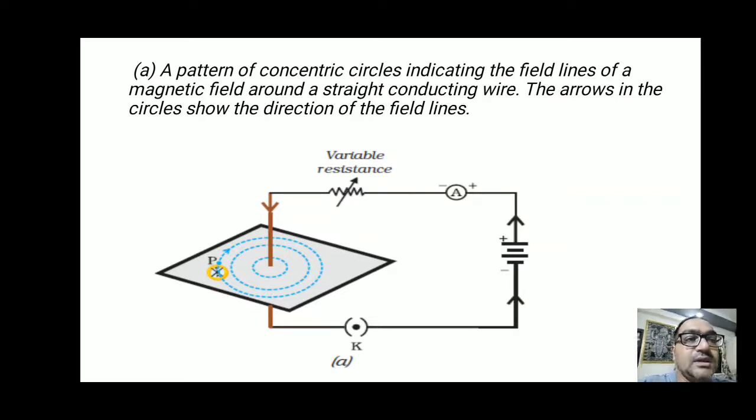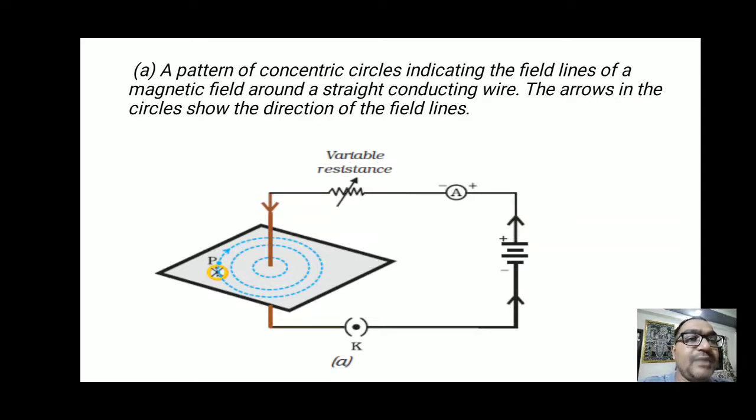Now students, if we change the terminals of the battery, it means that plus, which is on the upward side, and minus, which is on the downward side, are reversed. Minus will come on the upward side and the plus terminal will come on the downward side. So current will flow in the reverse direction.